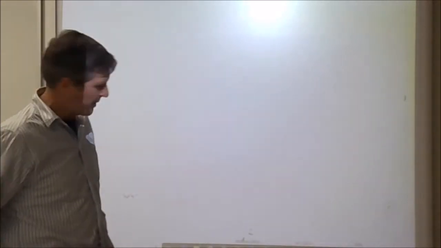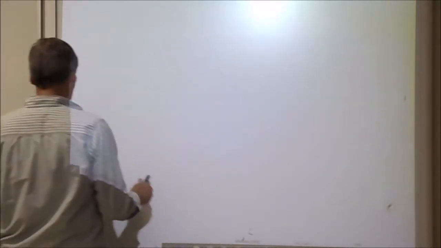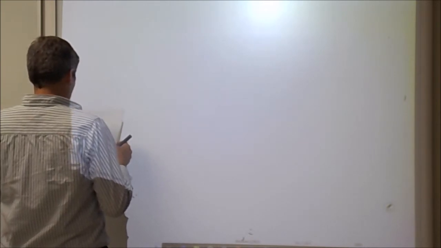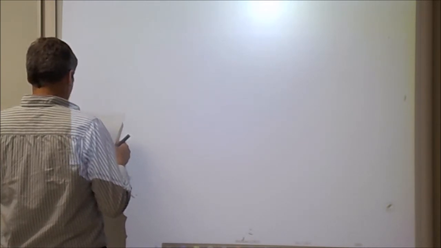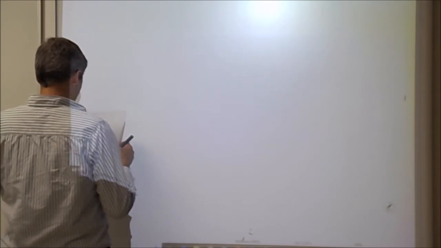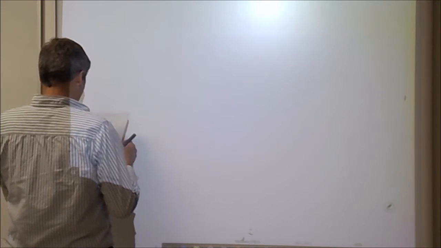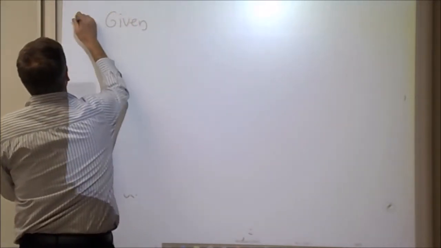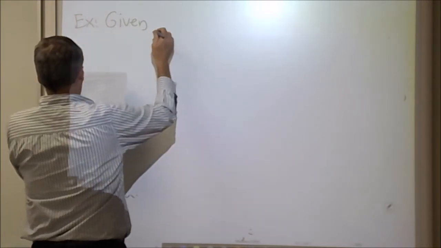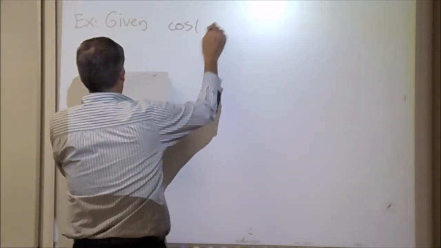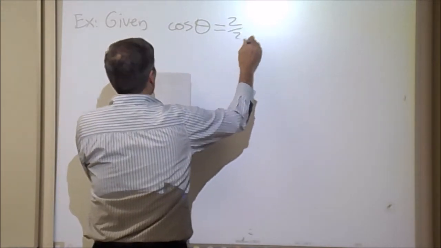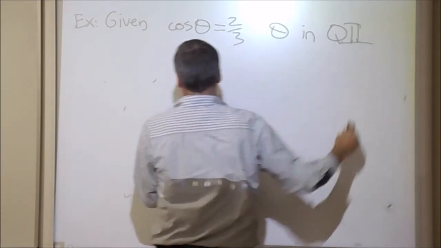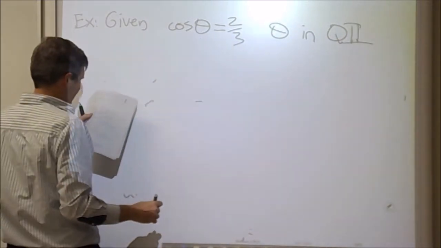Here's some example problems off of the UCO supplement. Suppose I wanted to calculate, given that the cosine of theta is 2/3 with theta in the second quadrant, suppose I want to find the tangent of 2 theta.